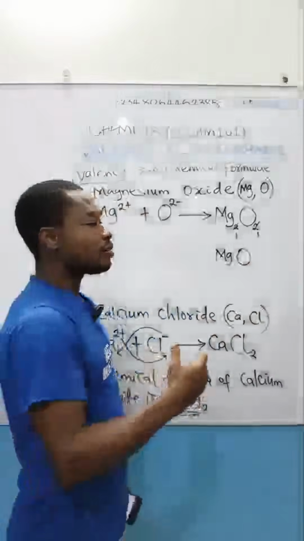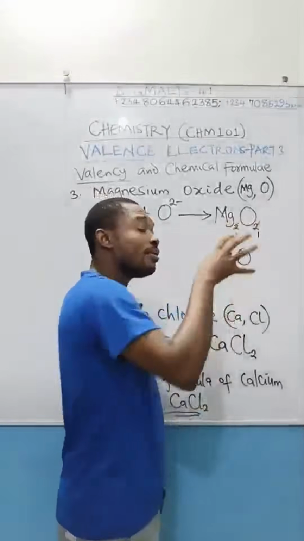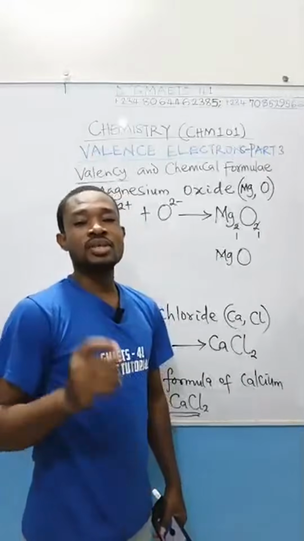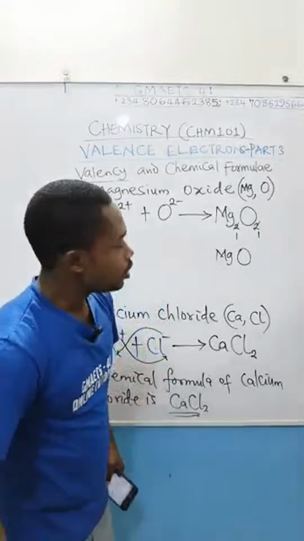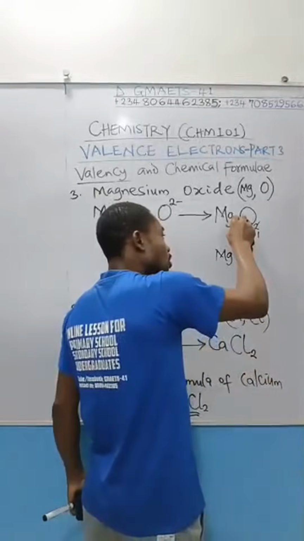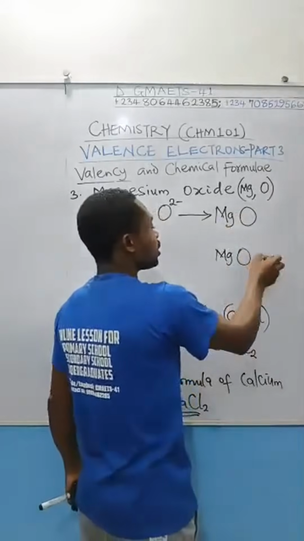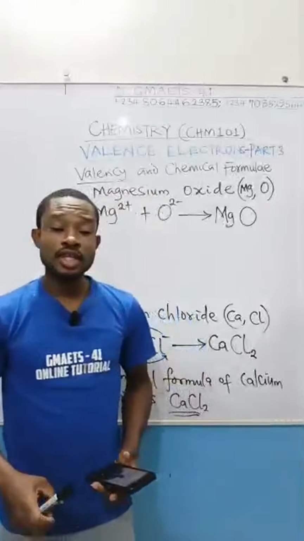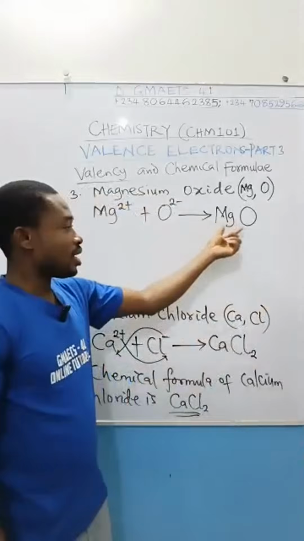So the idea is simple. Whenever the atomicities of the elements that make up a binary compound are the same, don't show the atomicity. Which means in this case, I am going to wipe these 2 and wipe this 1 and this 2 as well. This is the correct chemical formula of magnesium oxide, because they have the same atomicity.